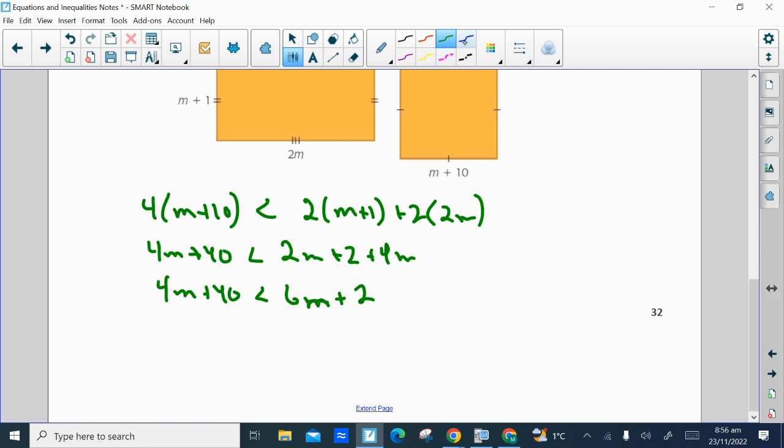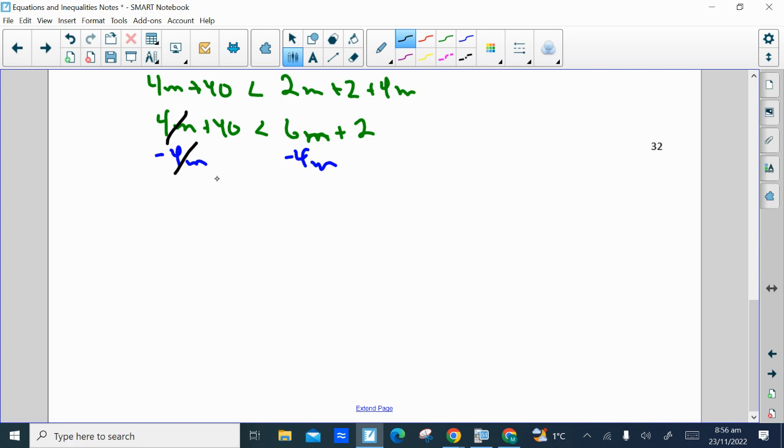And now we'll solve this. If I subtract the 4m from both sides, 4m take away 4m cancels. On the left, you have positive 40 less than 6m take away 4m is 2m plus 2.